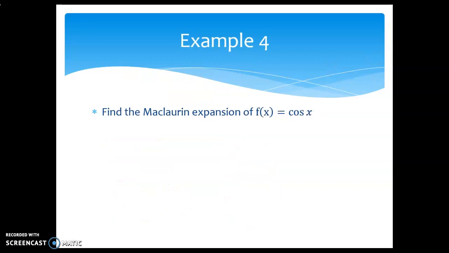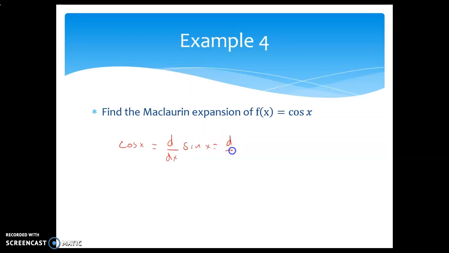So to do cosine of x, we know cosine of x is nothing but d over dx of sine of x. So doing the derivative, we are going to get the following.